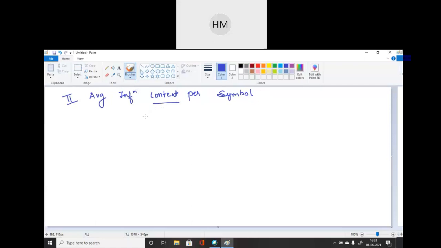So it is defined by, you can write down the formula directly. Gn is equal to 1 upon capital N summation i P of Mi log 2 1 upon P of Mi. Generally, students, in the exam they will ask you only for the first part, to find the entropy, because this is a very time consuming process, average information content.